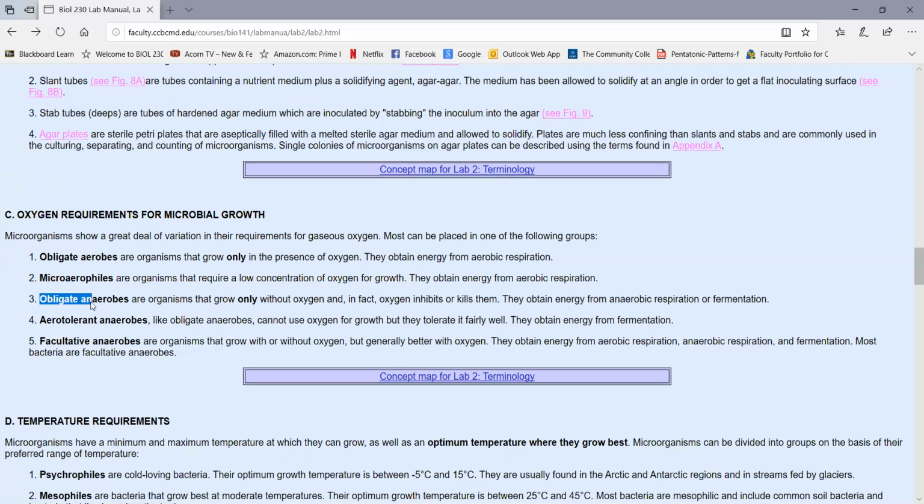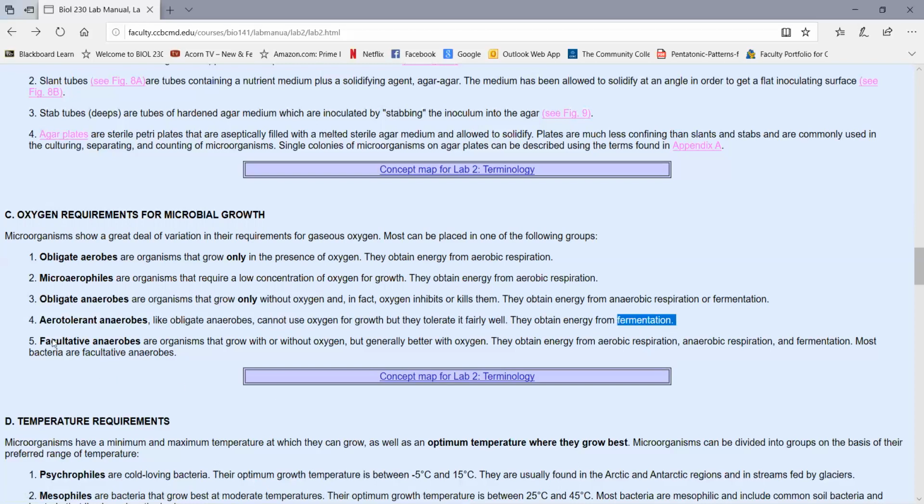Obligate anaerobes are organisms that grow only without oxygen, and in fact, oxygen can inhibit or kill them. They obtain their energy from anaerobic respiration or fermentation. And then finally, aerotolerant anaerobes. Like obligate anaerobes, they cannot use oxygen, but they can tolerate it fairly well, and they get their energy from fermentation.